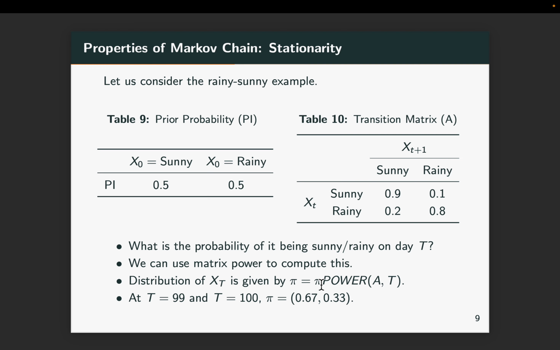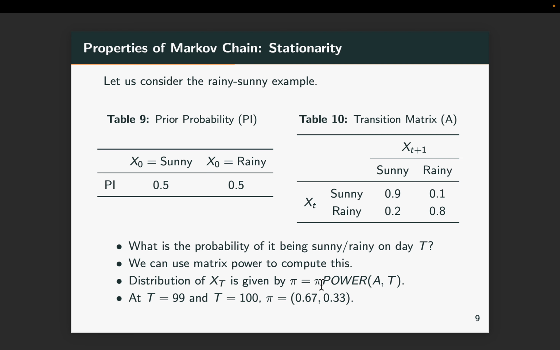At t equal to 99, the probability of sunny is 0.67. At t equal to 100, the probability of sunny is exactly the same, 0.67. What do you understand by that? A to the power 99 is the same as A to the power 100. What implication does it have here?